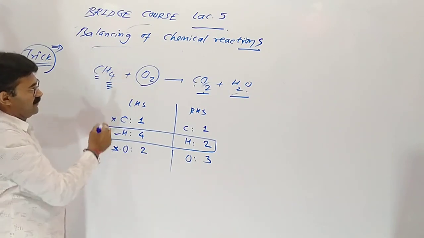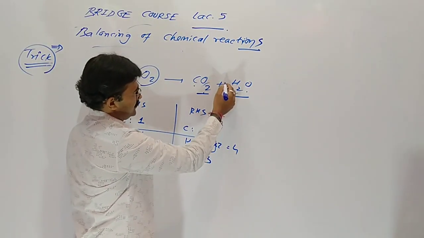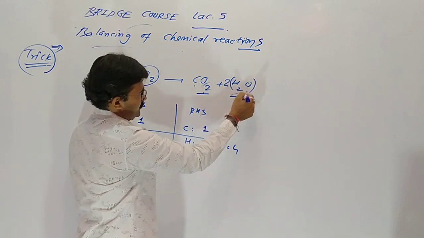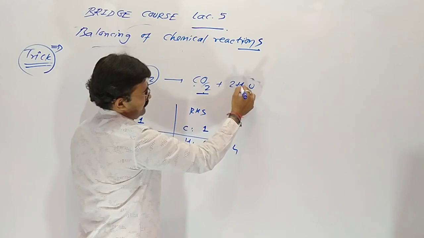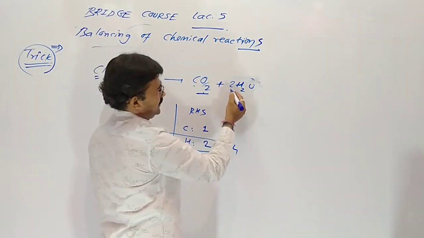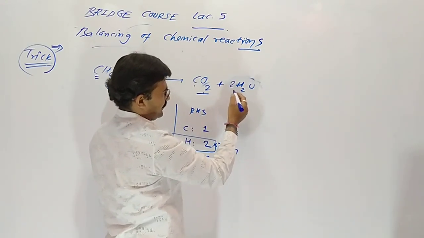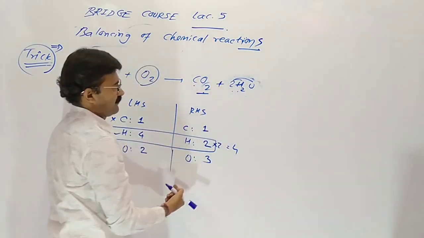So we have to start with hydrogen. Here hydrogen is 4, so 2 multiplied by 2. The whole molecule of H2O should be multiplied by 2. Don't take a bracket 2. It means 2 multiplies to the whole molecule. 2 2s are 4, and 2 oxygen.